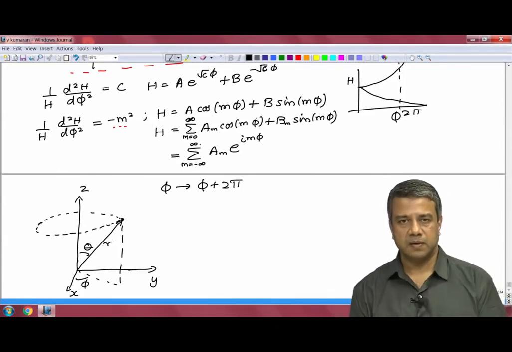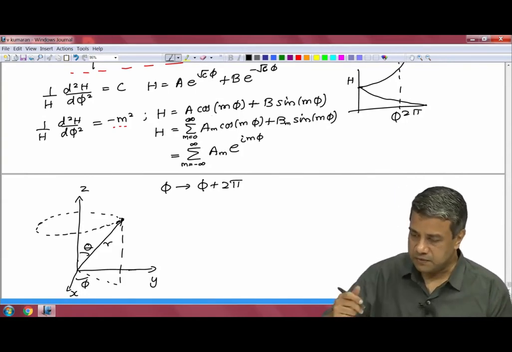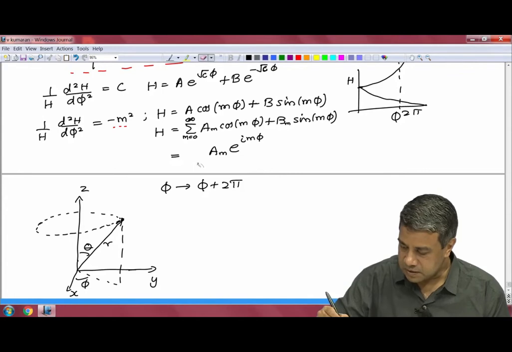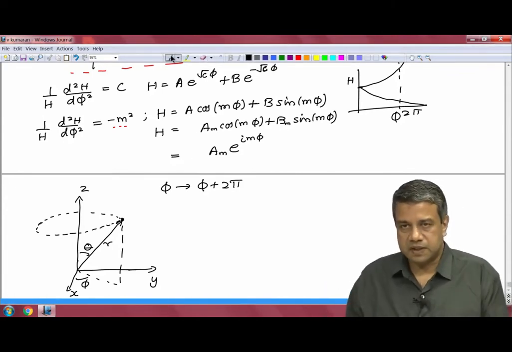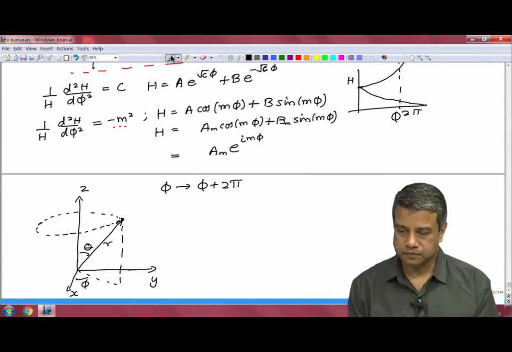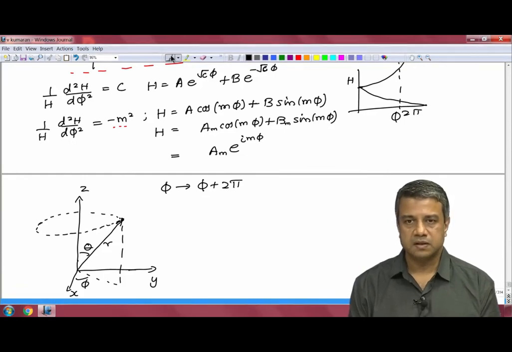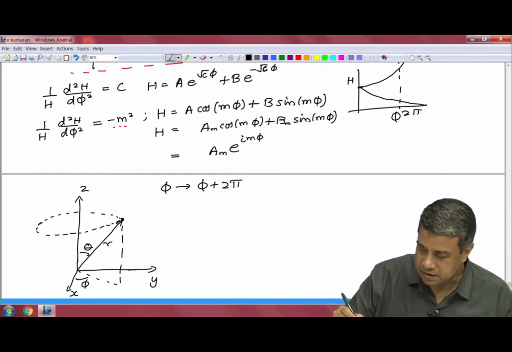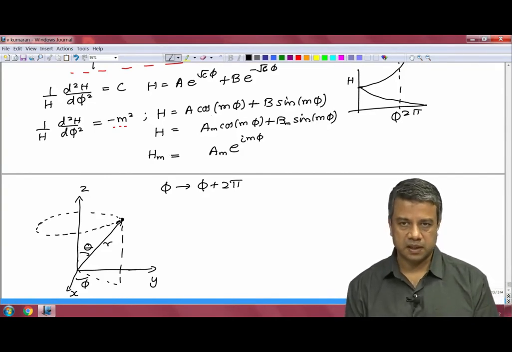So, therefore, we will use this notation here for h: a m, which is a complex function, times e power I m phi. This is h, and this solution is also orthogonal.